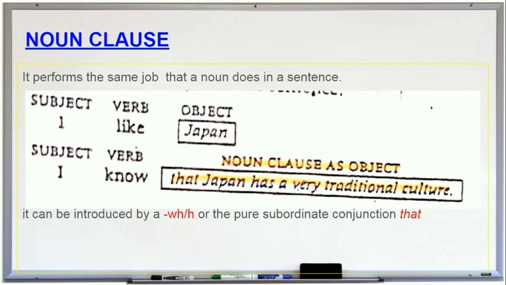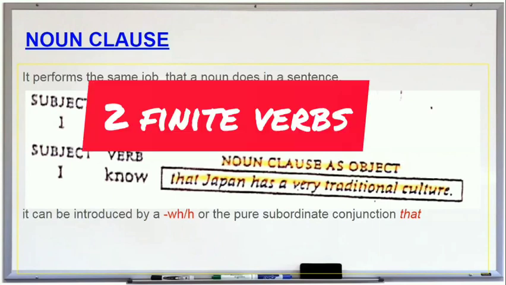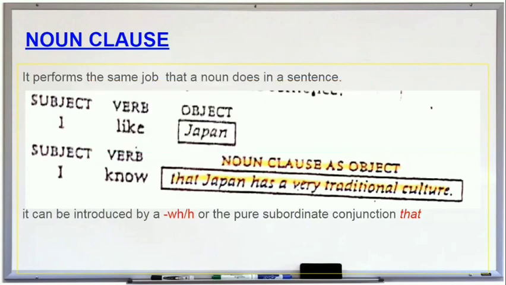The first one is know, and the second one is has. So there are two conjugated verbs, two finite verbs. In this example, the subject is I, the main verb is know, and then there is a subordinate conjunction, which is that, another subject, and a finite verb, which is has.